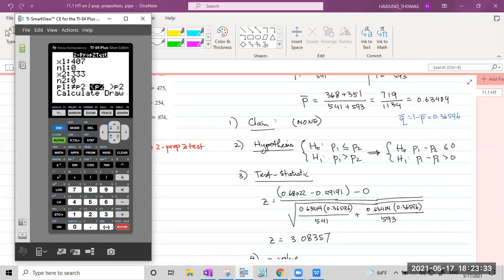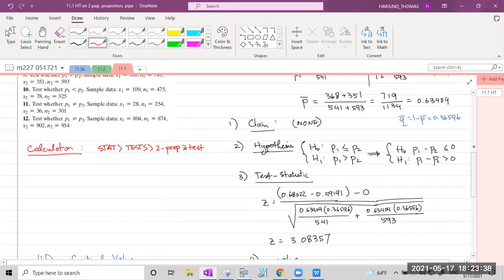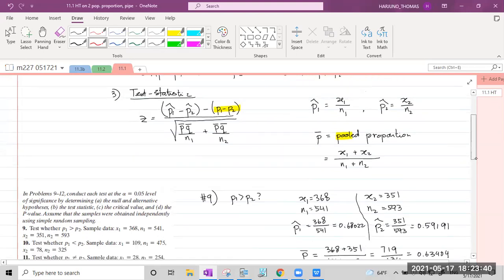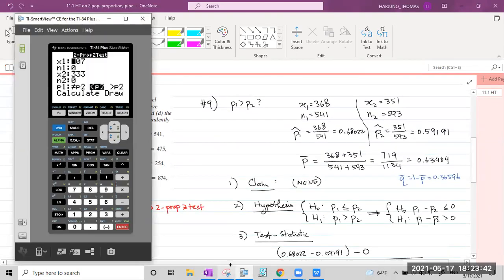Now you need to plug in your X1, N1, X2, N2, and so on. X1 368, N1 541, X2 351, N2 593. And we are testing right tail. Calculate, boom.